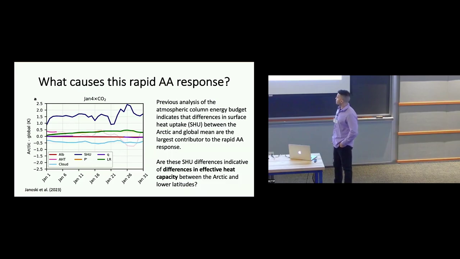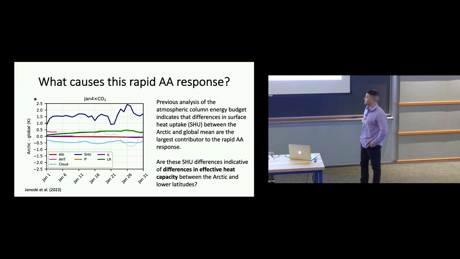And so this is now zooming in only on the first month following 4 times CO2, where again we were able to detect this statistically significant AA response. And as you can see pretty clearly, I think, from this plot, within this first month, the most important contributor to the difference between the Arctic and the global temperature response is the surface heat uptake response.